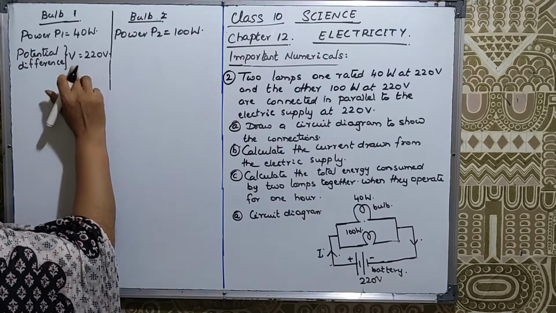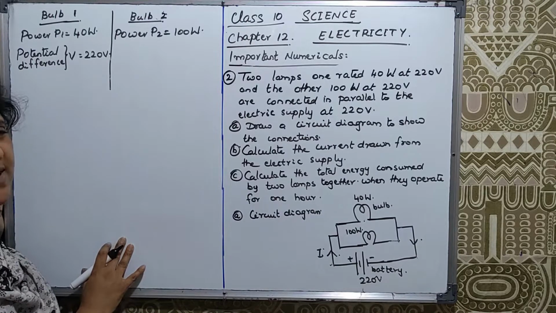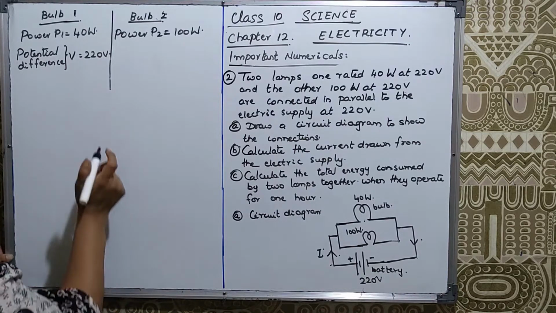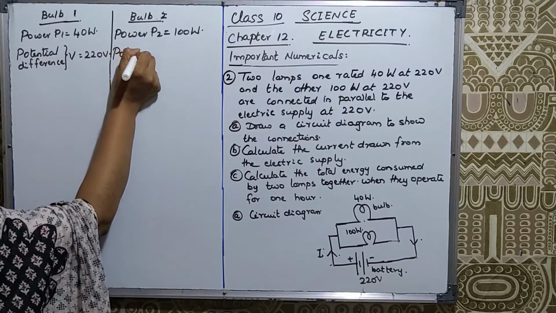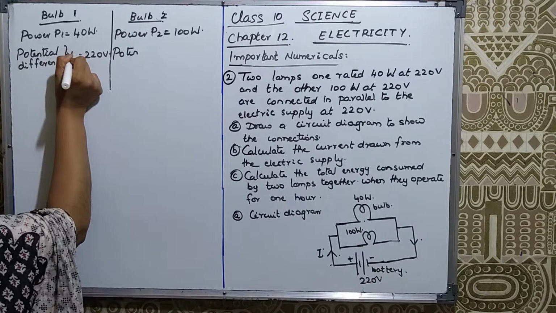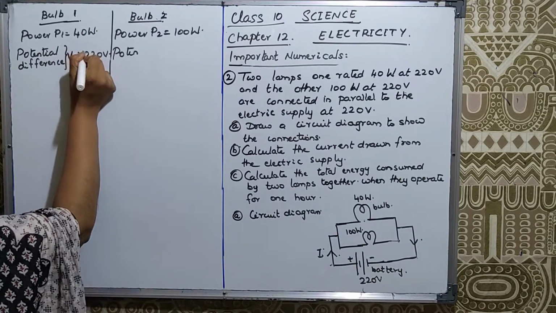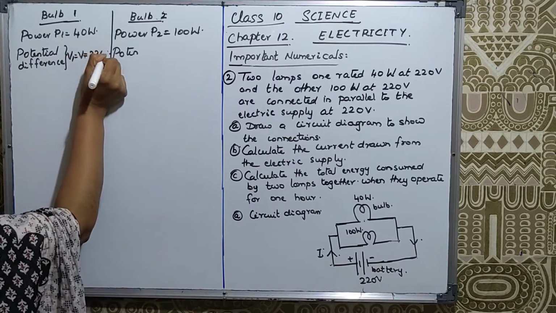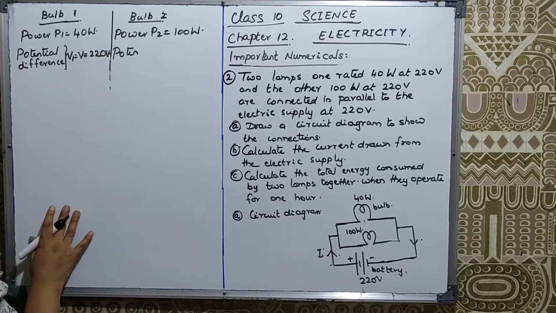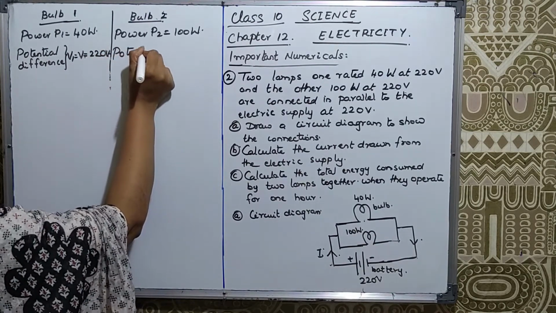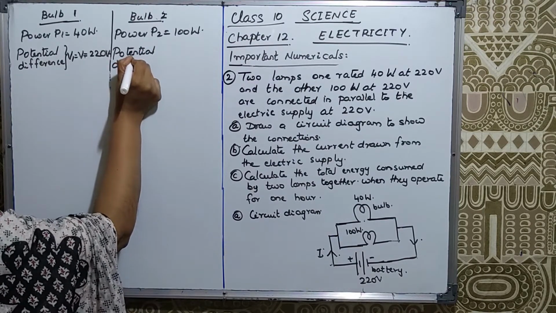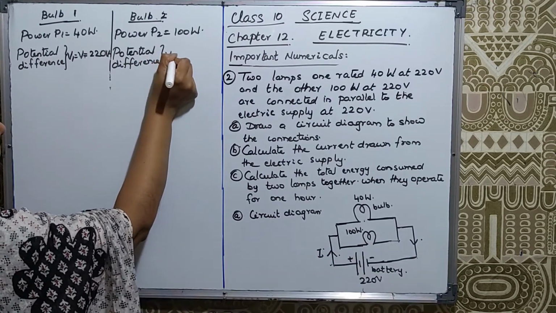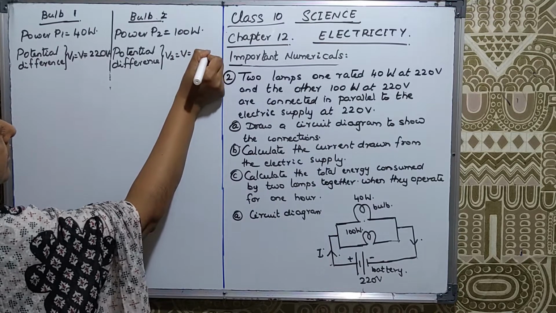You can write V1 or just V, because in a parallel connection the potential difference remains the same for both bulbs. V1 equals V equals 220 V. In the other case, the potential difference V2 equals V equals 220 V.